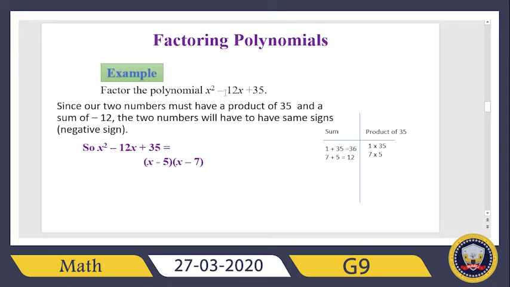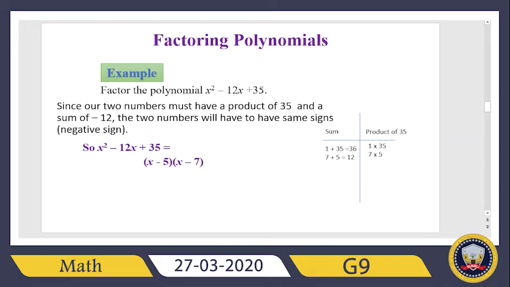Then I go to my rough paper and draw a table. I put all the factors of the third term: what numbers can I multiply together to get 35? Starting from 1 times 35 and 7 times 5.